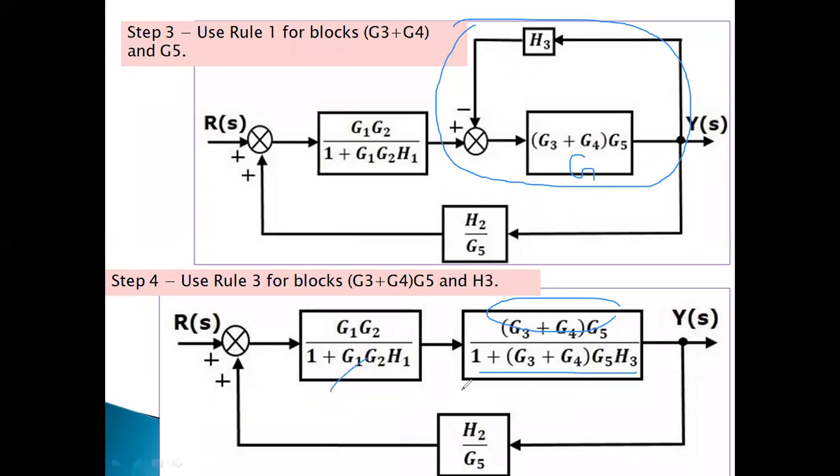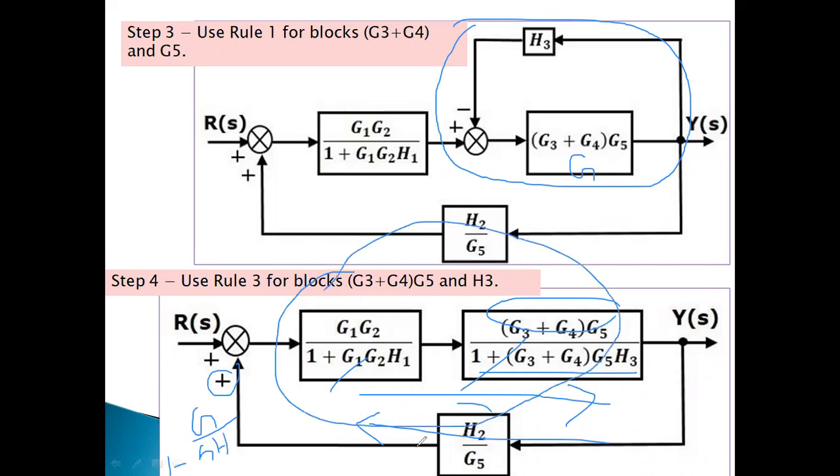Now these two are connected in cascade, so again we merge them into a single block. This is the forward path direction, and this becomes the feedback direction with positive sign. So in this case we use the formula G by 1 minus GH, where G becomes the entire thing and H is H2 by G5.